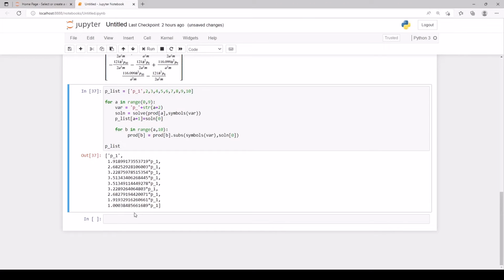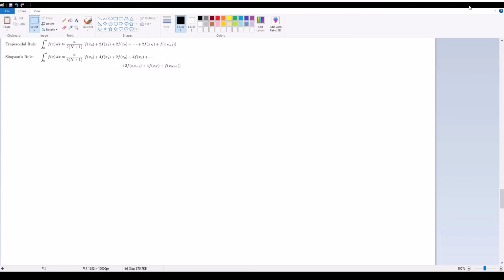In this case, n plus 1 is 11, so I have to use trapezoidal rule. So I will see you back on paint. Okay, so I'm going to be using trapezoidal rule to write out this normalization statement.